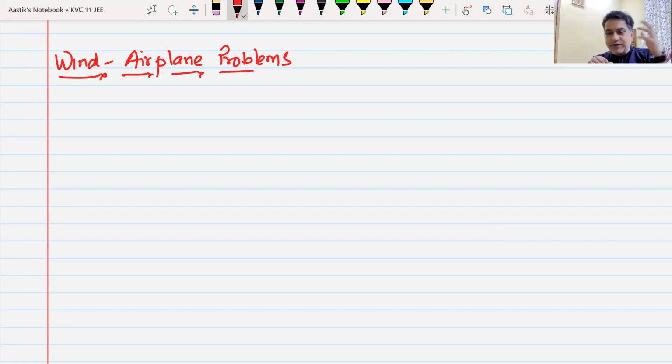So what are those problems which are exactly similar to this wind airplane problems? Airplane moves in wind. We've only done 2 or 3 problems here. What are these problems exactly similar to?